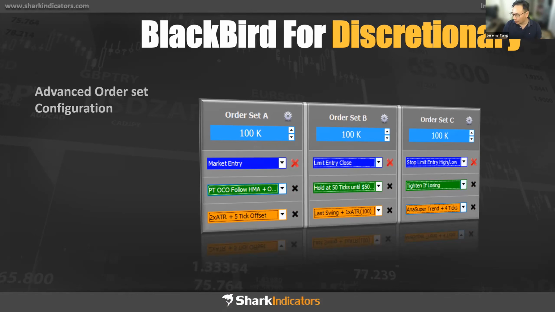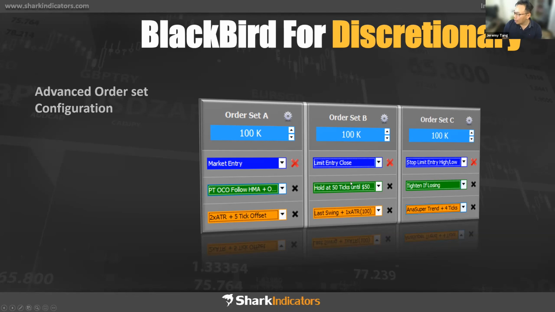So here's an example of a trader putting up 3 OCO sets with different styles of entries, limit entries, stop limit entries. It's even smart enough to pick the correct style of entry, be it stop limit or limit entry, depending on what side of the market the entry is actually sitting on.